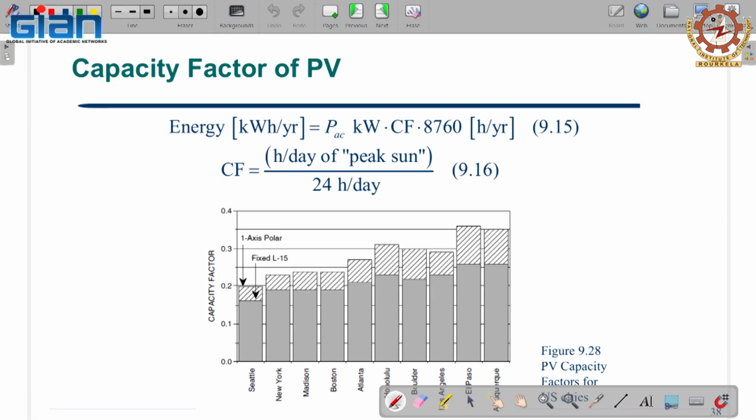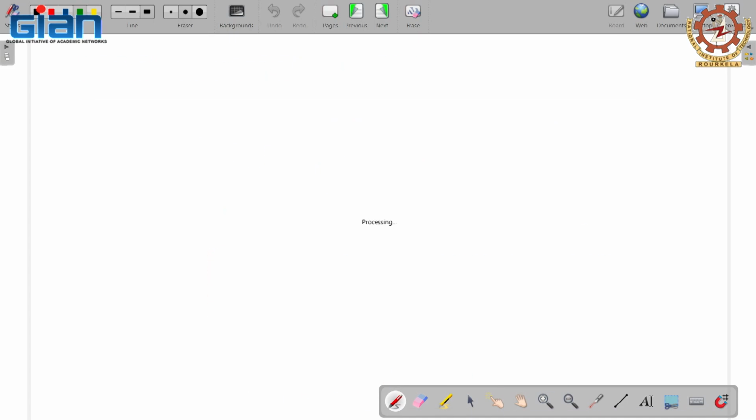For example, these conventional power plants can operate almost continuously. But we have a constraint here with PV systems: out of 24 hours, only 6-7 hours. So its capacity factor is comparatively low.